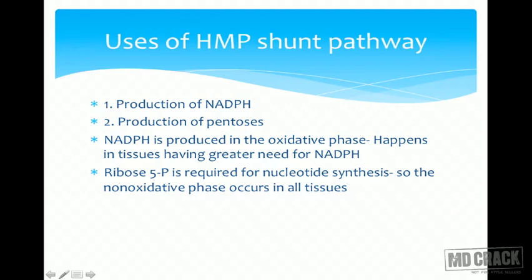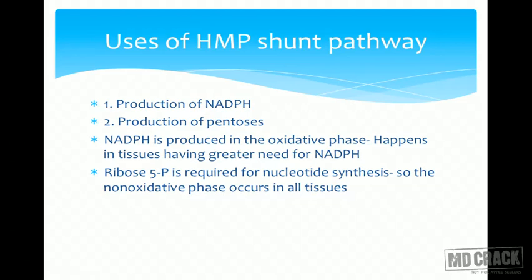Whereas ribose 5-phosphate, the pentose that is formed, is required for nucleotide synthesis. So the non-oxidative phase occurs in most tissues. Wherever DNA or RNA synthesis, de novo synthesis of nucleotides, is taking place, ribose 5-phosphate is produced by the HMP shunt. The non-oxidative phase is made up of reversible reactions, hence the tissue decides what to do.